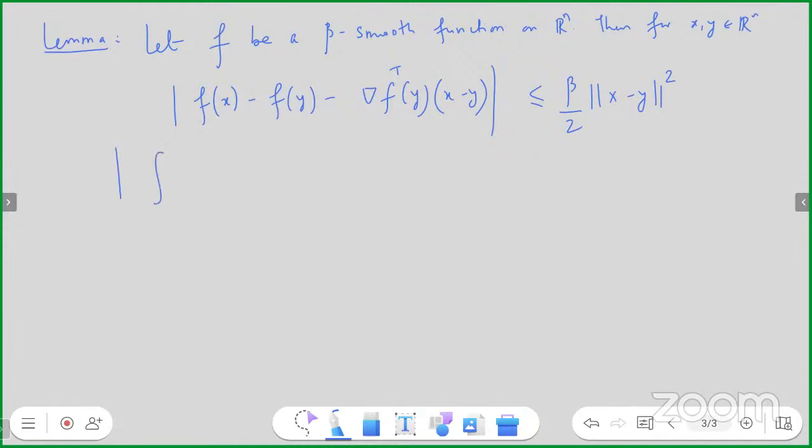So take the integral from 0 to 1. This will help you. Write this as gradient of f at y plus t times x minus y, times x minus y dt. There's just a trick to write this appropriately. So all of this is nothing but f of x minus f of y, and I'm going to write this as it is.